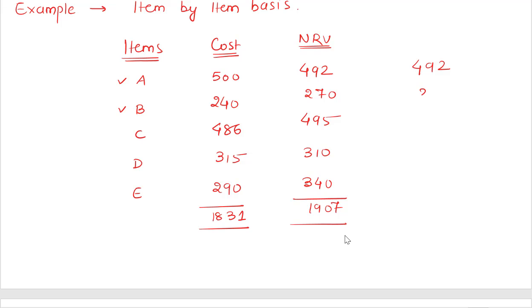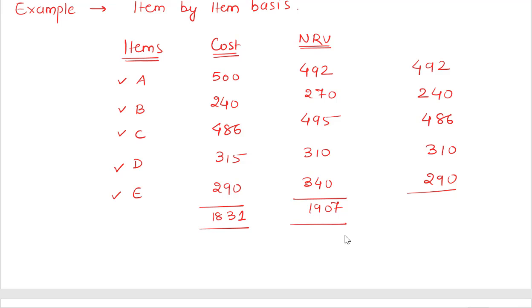B, 240, 270, whichever is lower, so it is 240. C, 486, 495, whichever is lower, so it is 486. D, 315 and 310, whichever is lower, it is 310. E, 290, 340, 290 is lower, so it would be valued at 290.